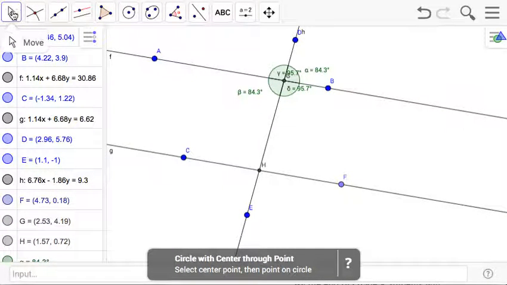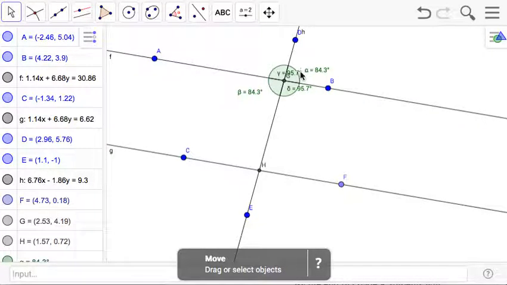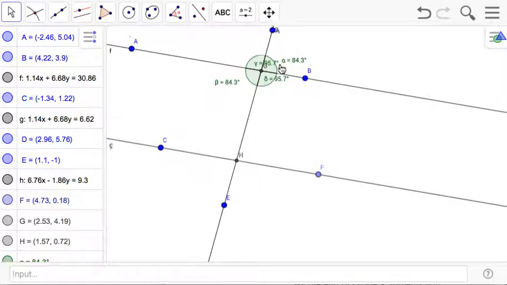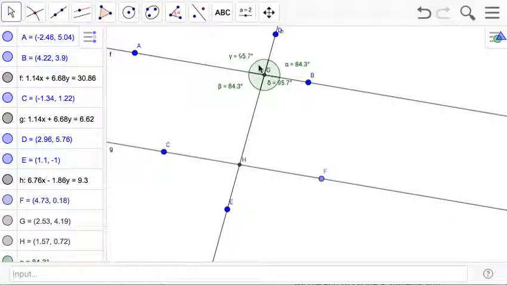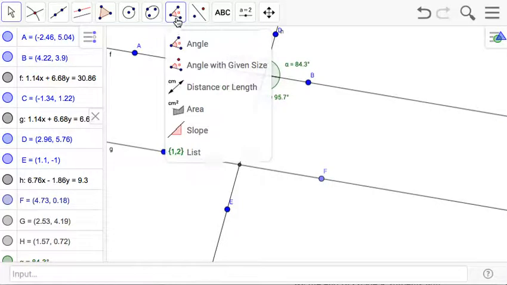And again we notice that these two angles are also equal. Your students at this point may notice that these two angles sum to 180 degrees, and I can show you shortly how you can verify that. I'm now going to find the measure of these four angles using the same procedure as before.